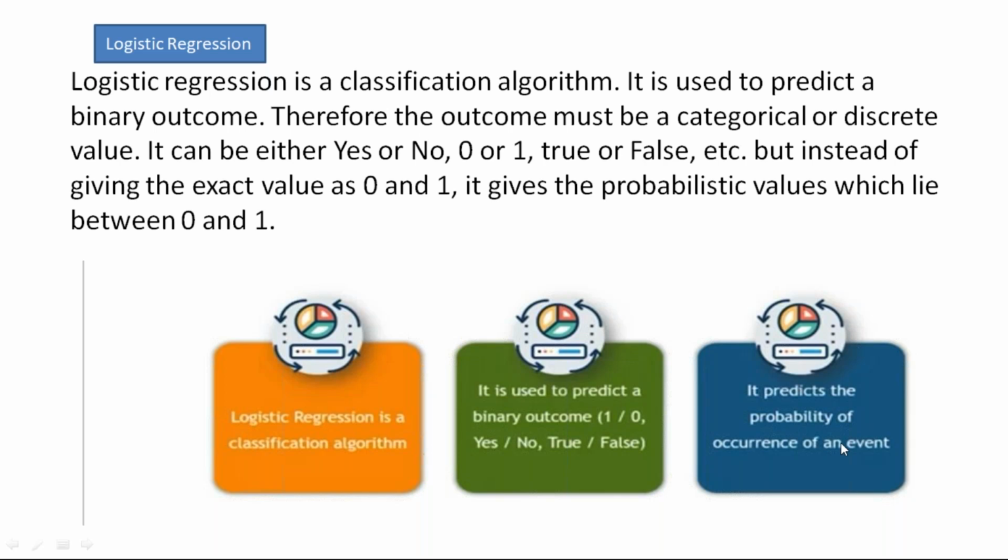For example, if I ask whether a particular person is going to take some insurance or not, I have to predict through my model, and I will have to tell that person, yes, he can, as per his age and other parameters, whether he is about to take insurance or not. These kinds of predictions can be made with logistic regression, right?